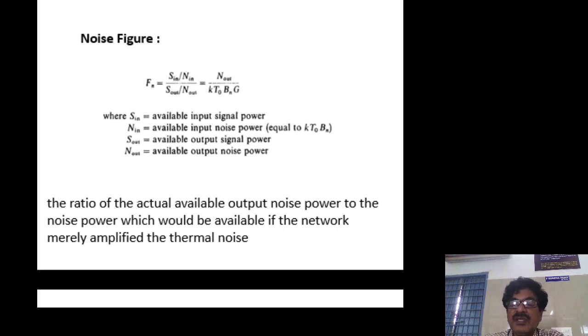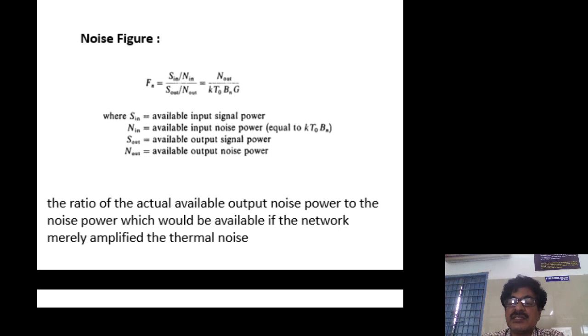Since the input noise is kT0BN, by rearranging this ratio, we can say finally Fn equal to N out divided by kT0BG. So what is G?